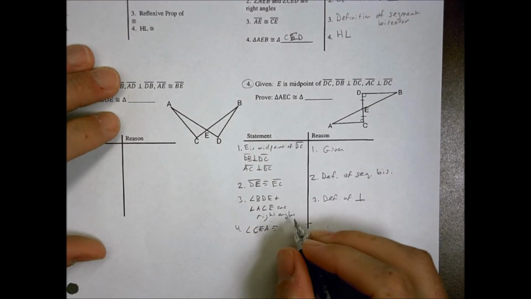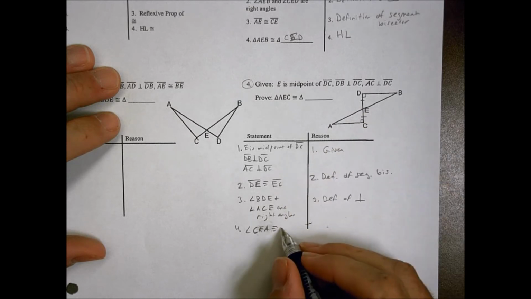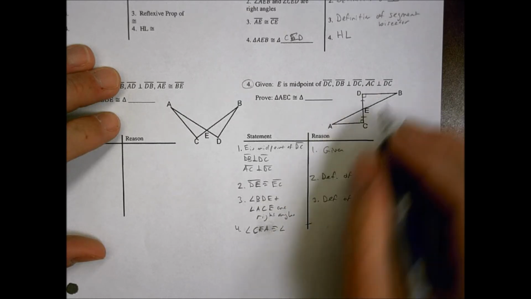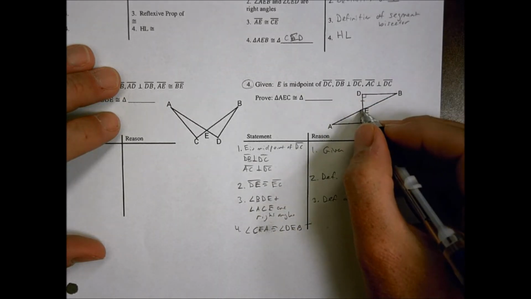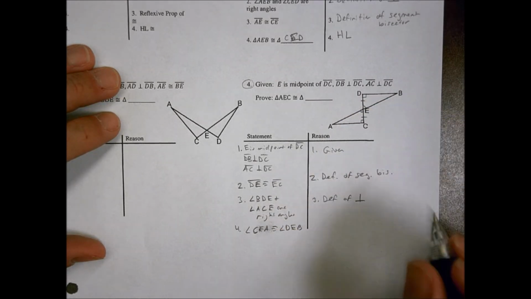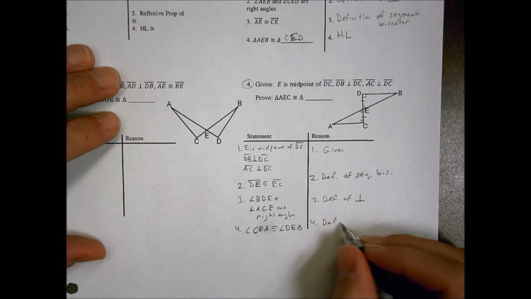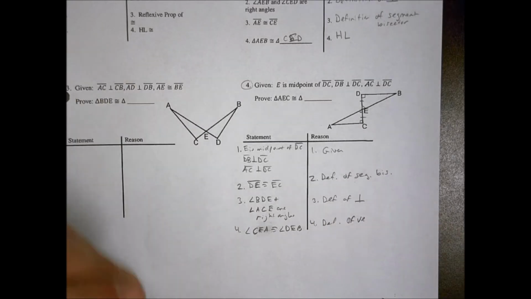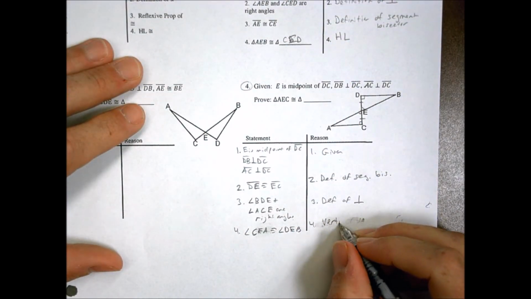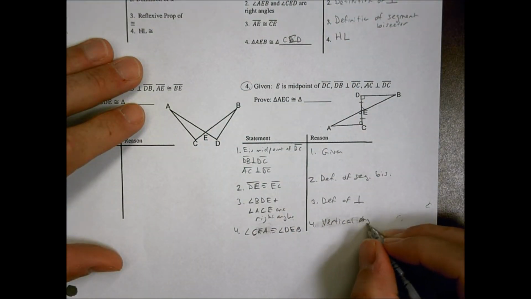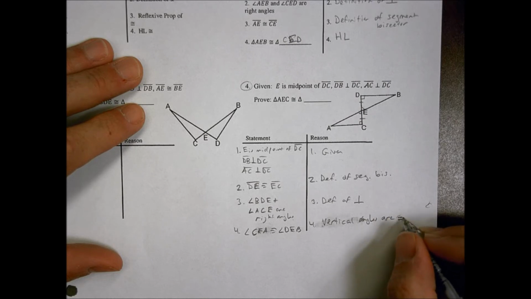CEA is congruent to angle DEB. And if you look here, that's because this is going to be a vertical angle. So definition of, or we would say, not definition, we would say vertical angles are congruent. Vertical angles are congruent.